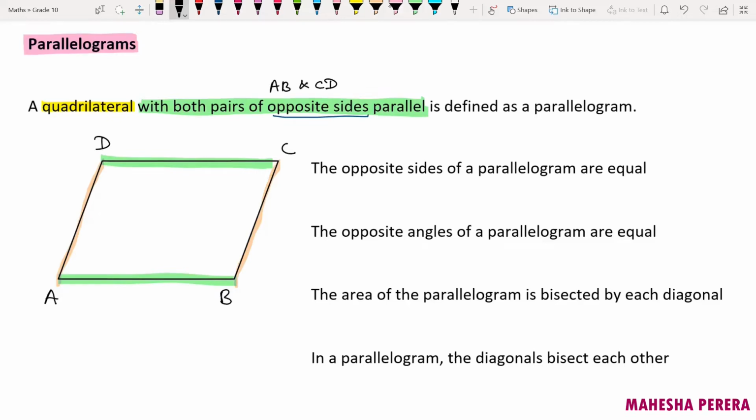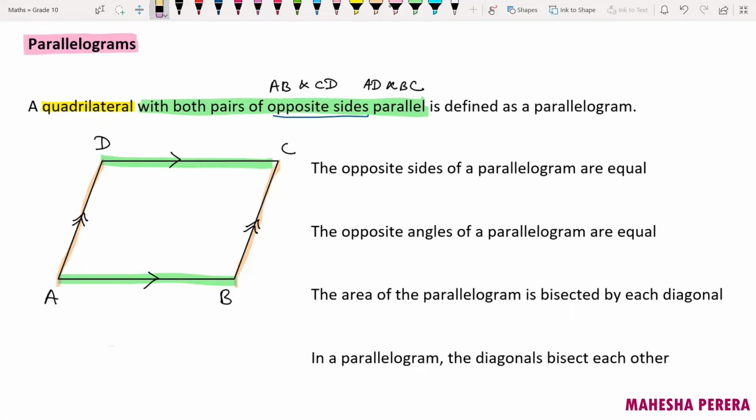So they are parallel means normally we denote this using arrowheads like this. Now this AD side and BC side are also opposite sides. So they are also parallel, right? So we can use two arrowheads. So a parallelogram is a quadrilateral with both pairs of opposite sides parallel.